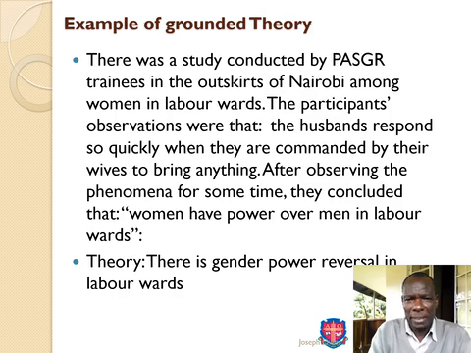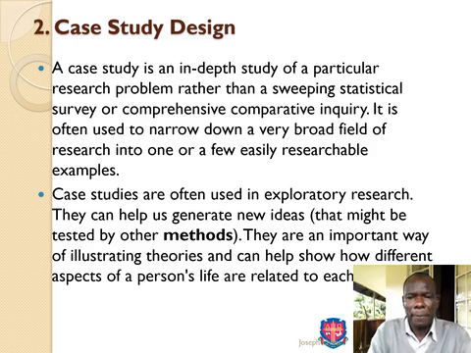The men just run to bring. So that is how that theory was developed, that in this particular incident, power is reversed. The women hold the power while they're in labor wards. Of course, when they come out of the labor ward, we go back to our old power relations. So that is grounded theory.